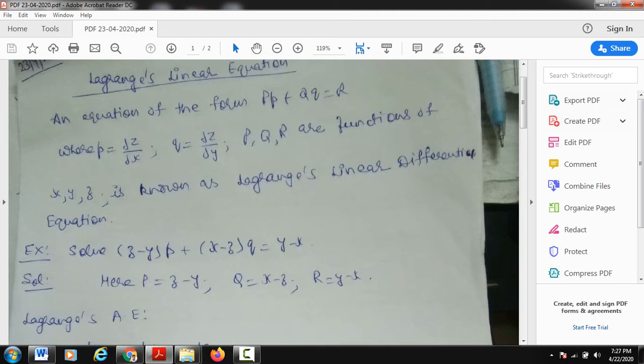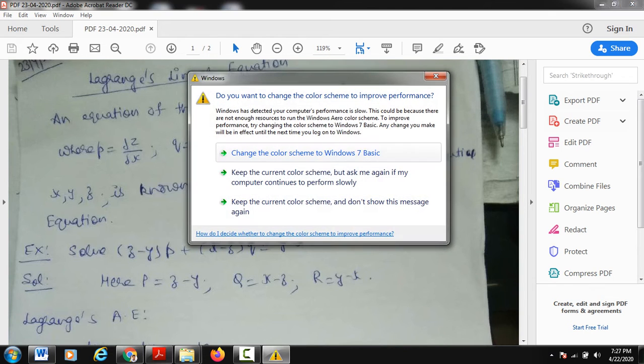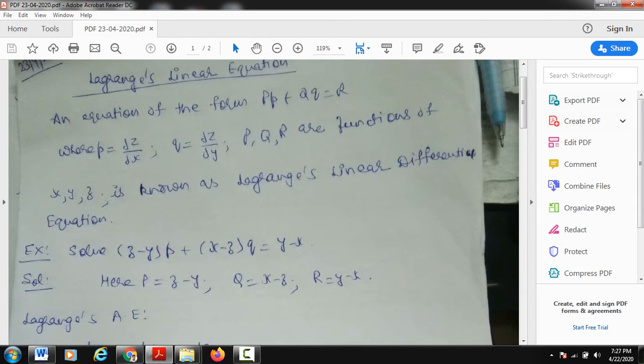So the equation is of the form Pp plus Qq is equal to R. You can read from your screen also, where small p means ∂z/∂x, the partial derivative of z with respect to x, and small q means ∂z/∂y, the partial derivative of z with respect to y. And capital P, capital Q and capital R are functions of x, y, z, or they can be constants also. Okay, so this type of equation is known as Lagrange's linear differential equation.